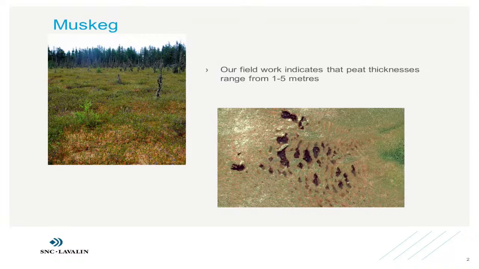So one of the key things to remember when it comes to building in these areas is that the peat that makes up a lot of the muskeg that I was talking about, that decomposed organic material, the thickness of that is extremely important for us to understand if we are going to even attempt to build roads through areas like this.